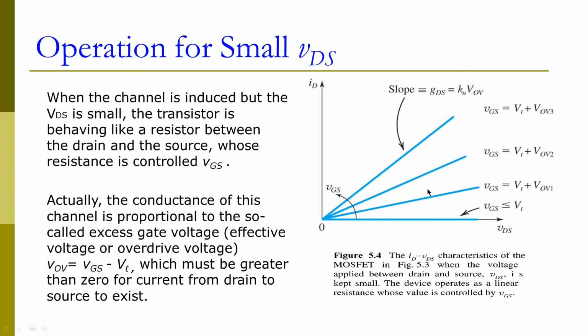From this figure we can see that when the VGS becomes bigger, the slope will change, and that slope represents the inverse of the resistance, right? The slope is the conductance.